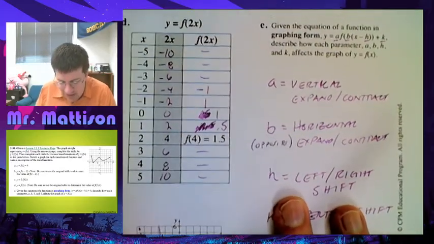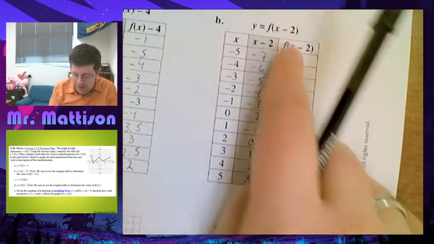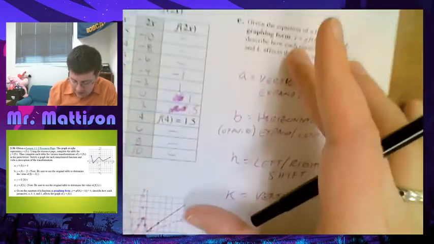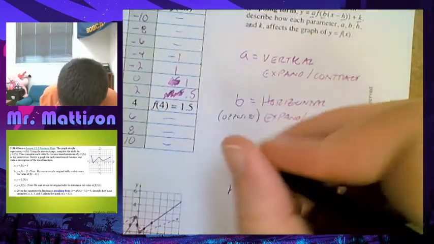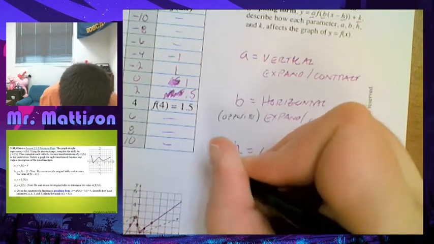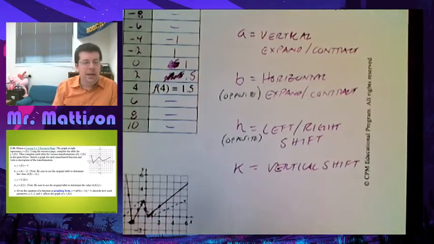Then H, my left-right shifts. Right? So here, -2 moved me right 2. So this, again, is going to be opposite. It's opposite of what you would naturally think. And then K caused my vertical shifts in the way which we would think.